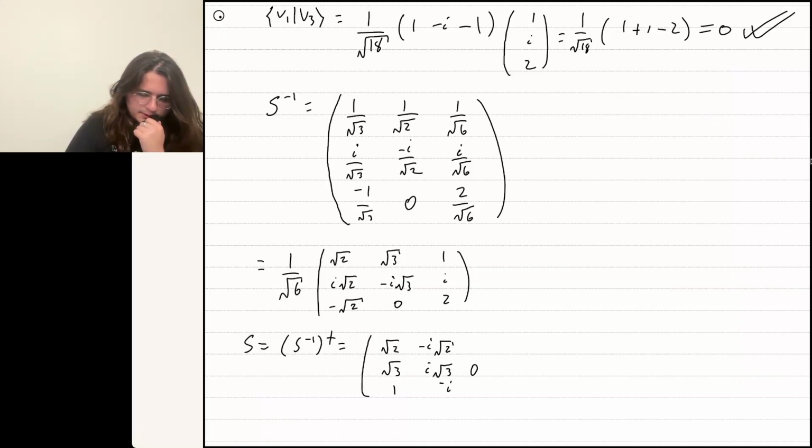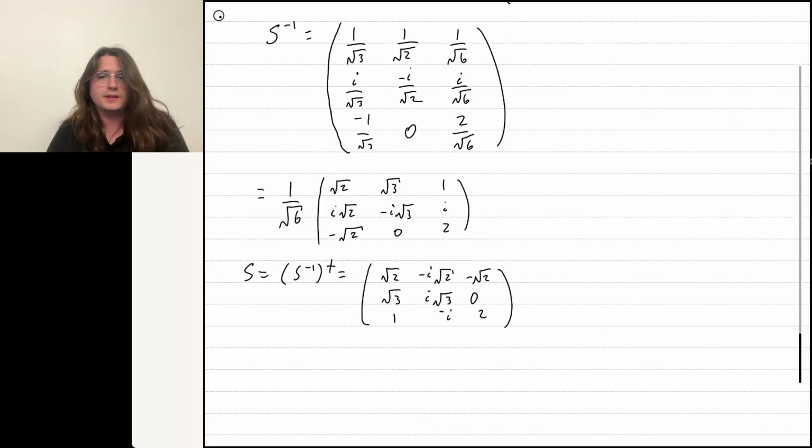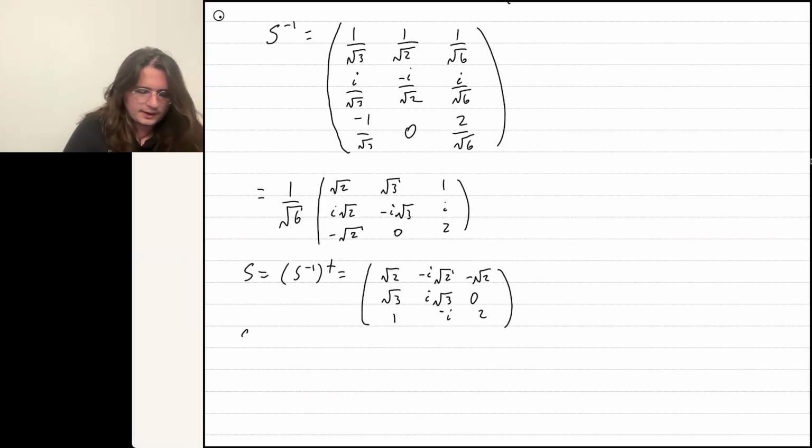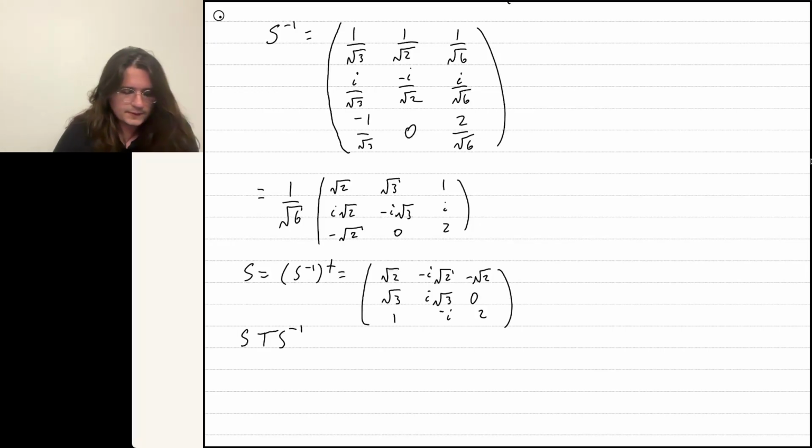The 0 is going to be here because it's minus root 2, and then 2 down here. Right. Then we will check explicitly that S, T, S inverse does actually give us the diagonalized form of T.